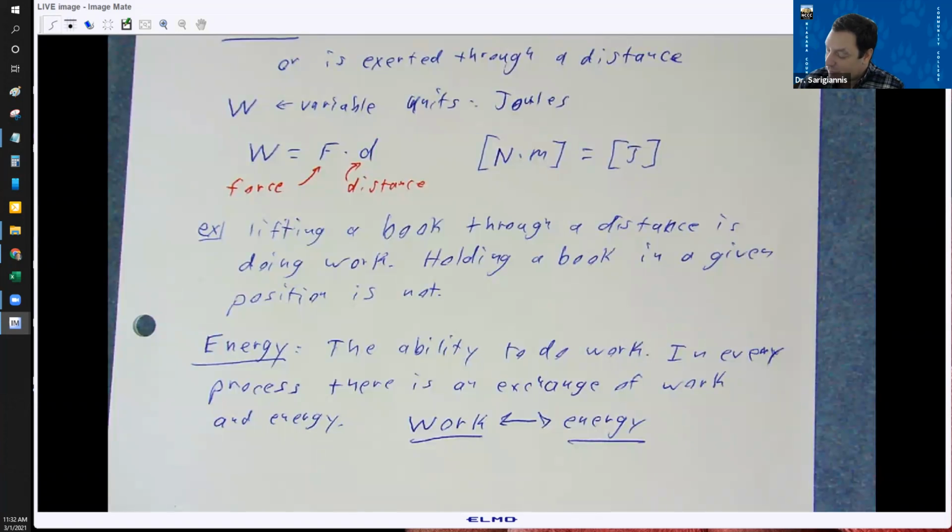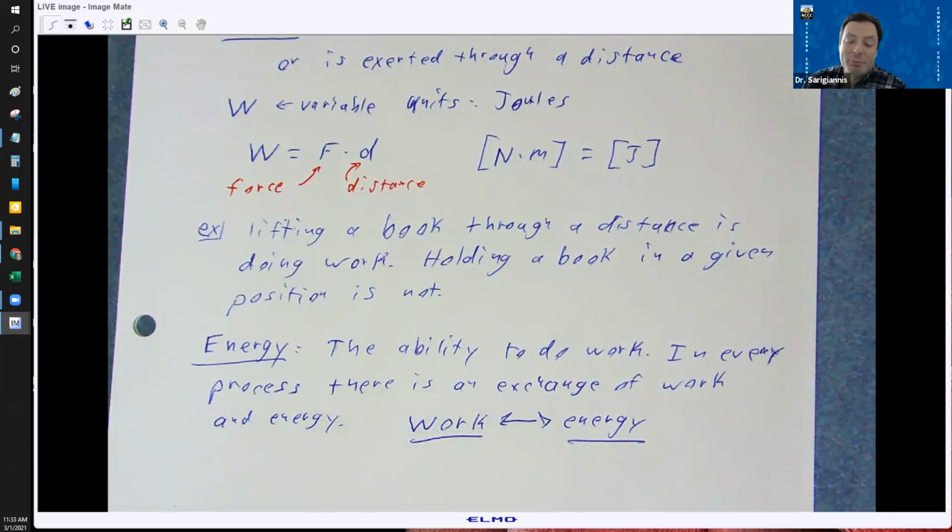What you're doing is taking work and storing it as energy in some device, like a battery or pumping water. That's one way they store energy.